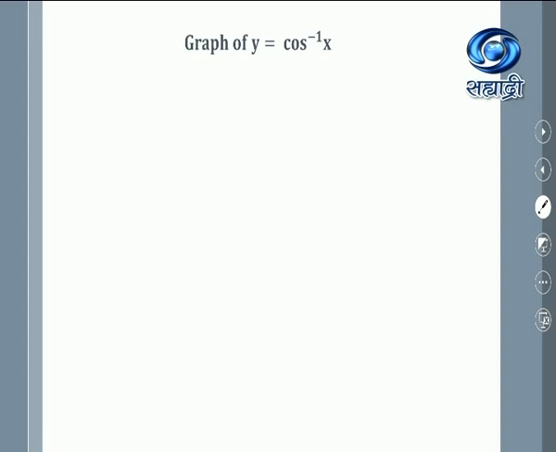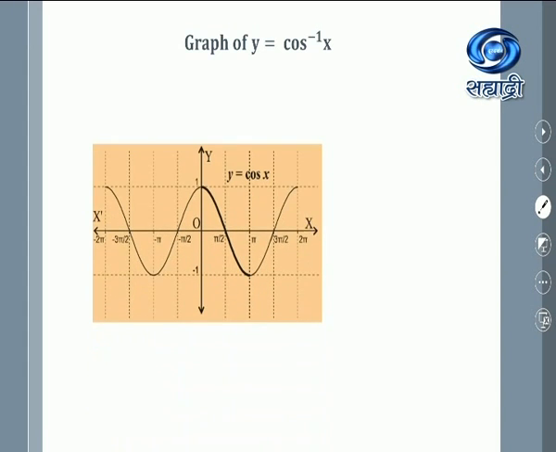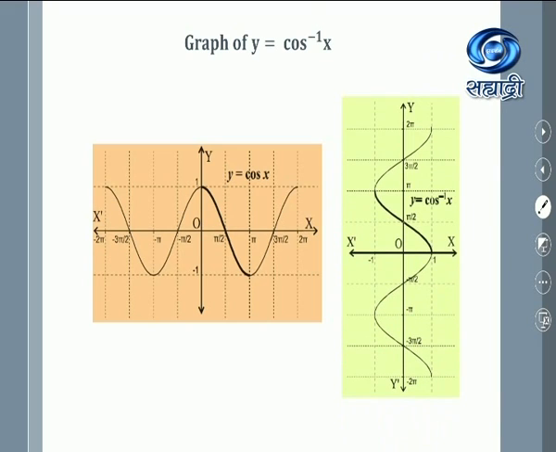So let us have the inverse of cos. This is y equal to cos x, and this is the graph showing y equal to cos inverse x. See, how to find that: the domain is 0 to pi, right? This domain 0 to pi becomes the range in the cos inverse. Where is that 0 to pi? See here. This is 0 to pi.